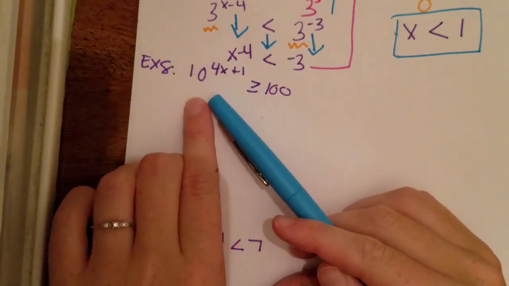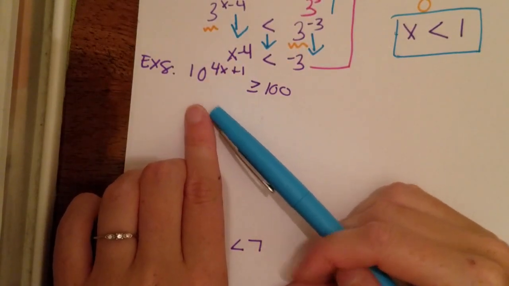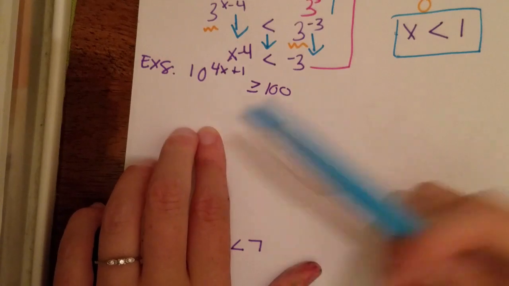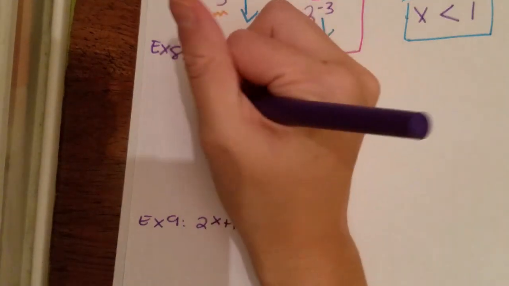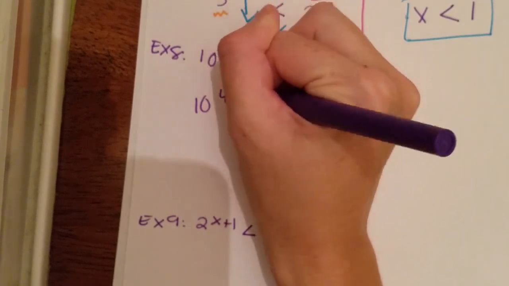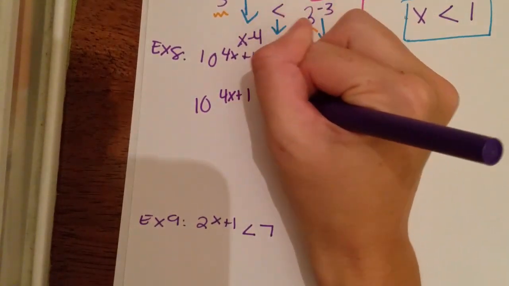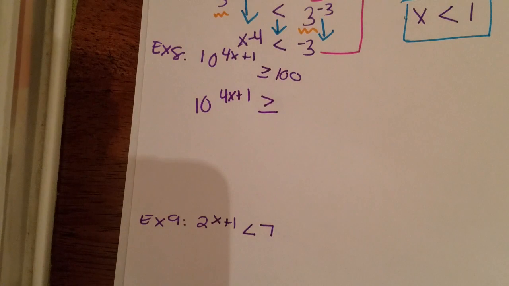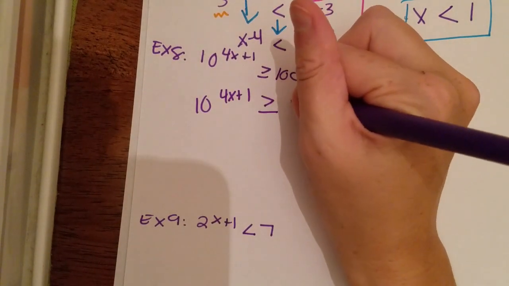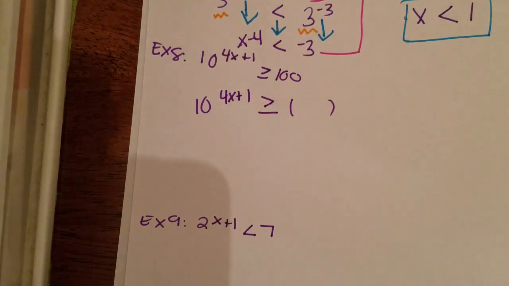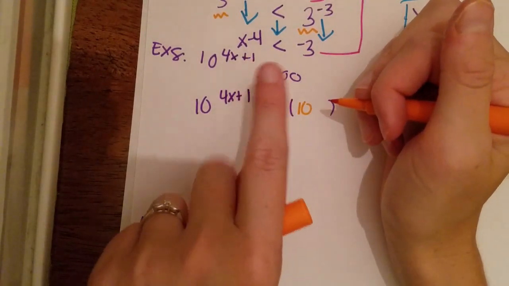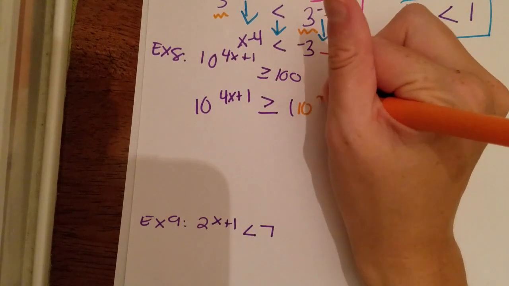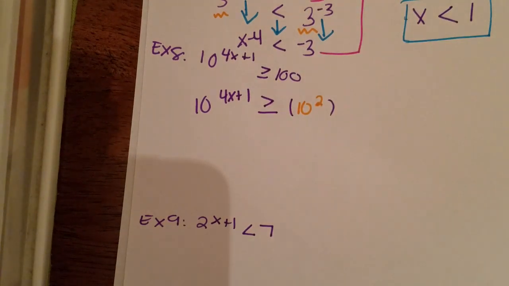So since 10 is already over here, I don't really need to do anything because we already have it as base 10. Okay, so I'm just going to bring down this first part. We have 10 to the 4x plus 1. I'm going to bring down my inequality. Is greater than or equal to. Now I'm going to rewrite 100 using base 10. So let's see here. 10, we said 10 times 10 is 100, so it'd be 10 squared.